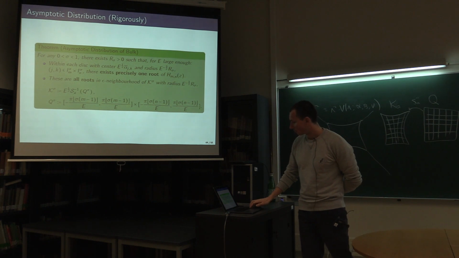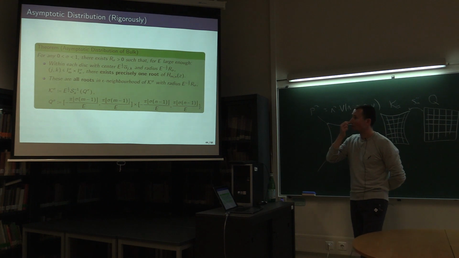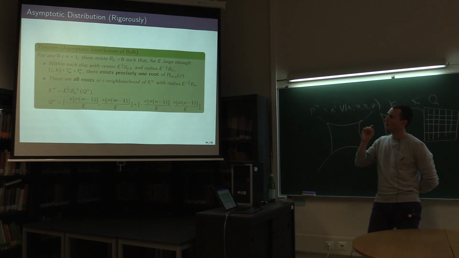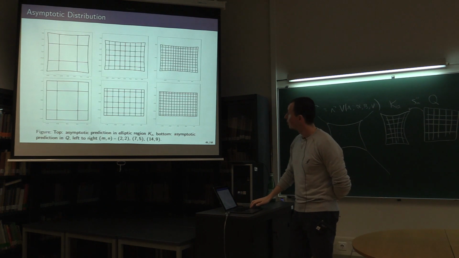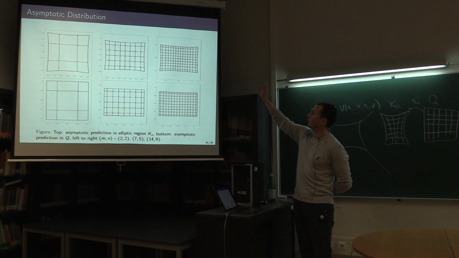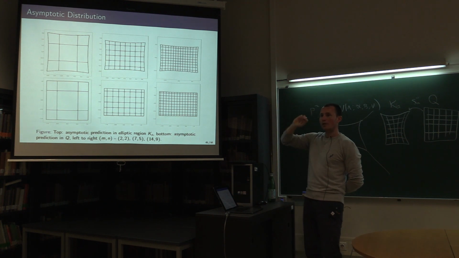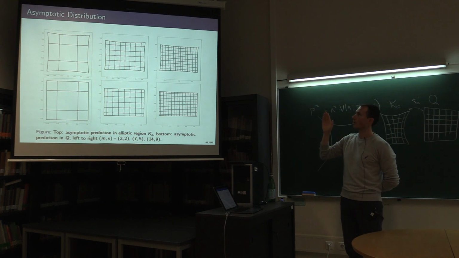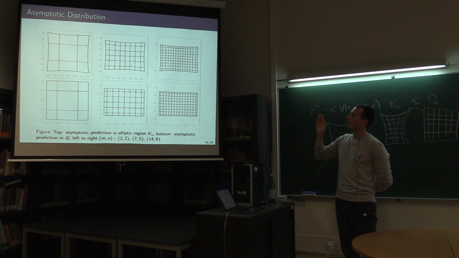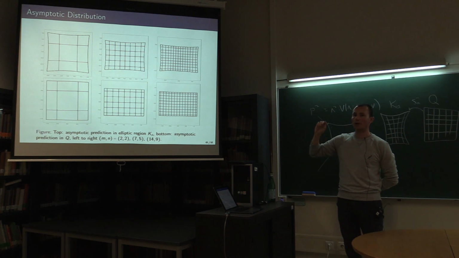However, in our results, we have to stay away from the edges and from the corners a bit. It's not really visible in the picture, but actually the roots in the corners are slightly off from the prediction. The WKB prediction fails at the corners.